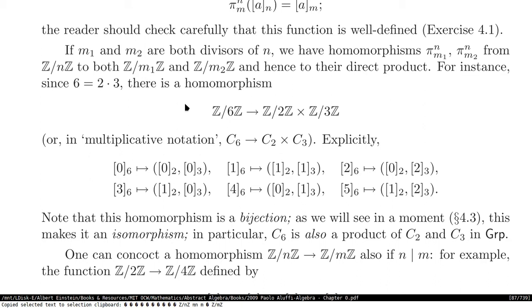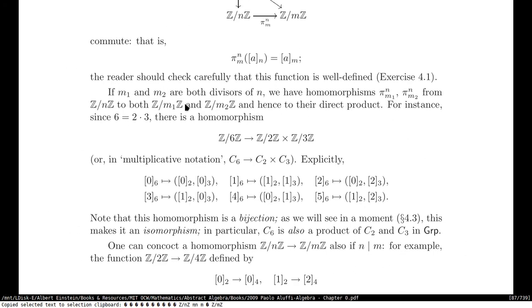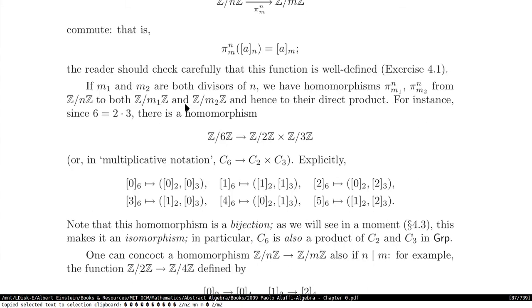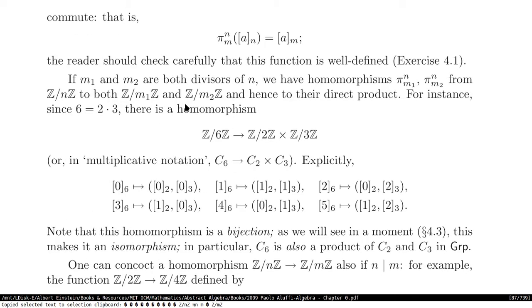Direct product in the categorical sense, I believe. So for instance, since 6 is equal to 2 times 3, there is a homomorphism which takes multiples of 6 to multiples of 2 times multiples of 3, right?